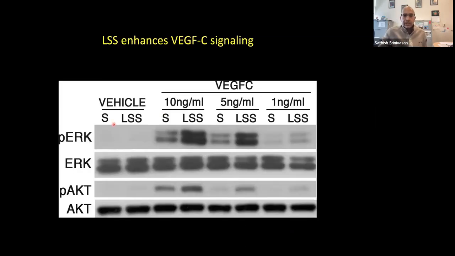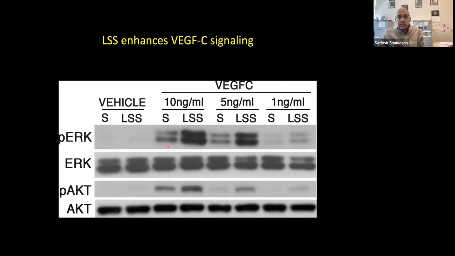So we grew the cells either under static conditions, that is without any shear stress, or in the presence of laminar shear for 24 hours. And then after culturing those cells for 24 hours, we treated them with VEGF-C for 10 minutes, right? It's a quick exposure.